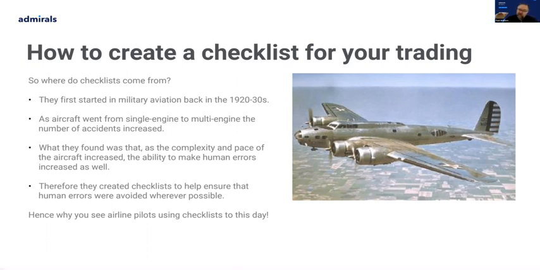So there's a real consequence for failure. Of course, they're very driven to work towards things that will help them avoid making those errors. And that's why you see airline pilots using checklists to this day. They created simple checklists to help ensure that human errors were avoided wherever possible.